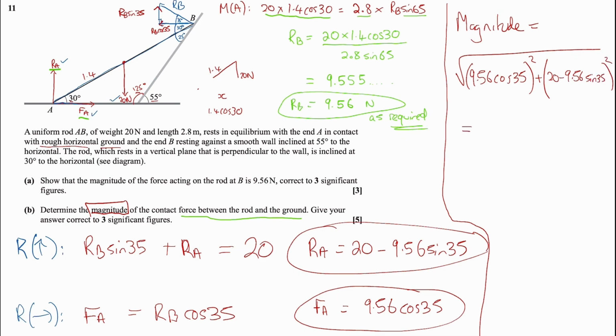I'm going to shove all of that into my calculator and let's see what I get. So overall, to three significant figures, I get 16.5 newtons, and that is my final answer there. Really hope that helps. Moments is a tough topic, so make sure you know how to resolve forces in any direction. See you for the next one.